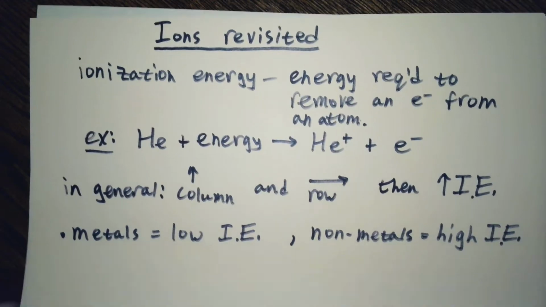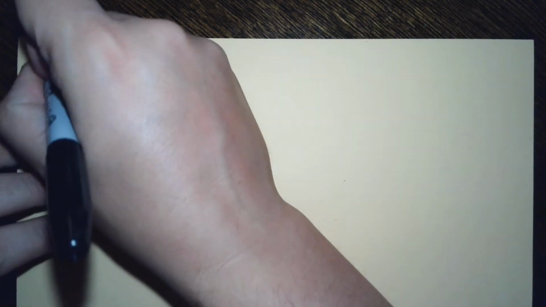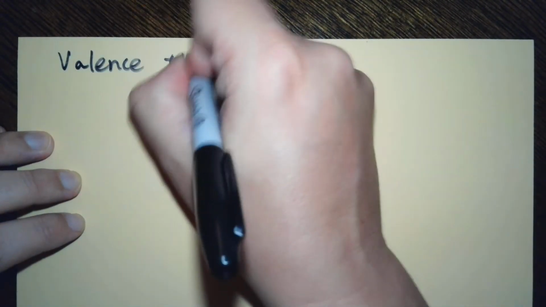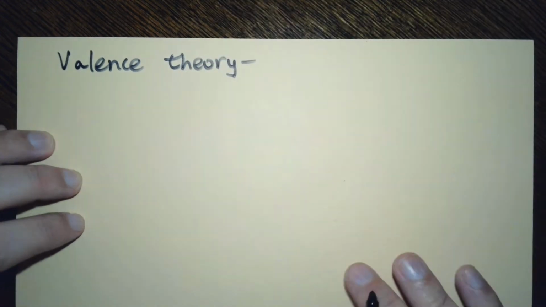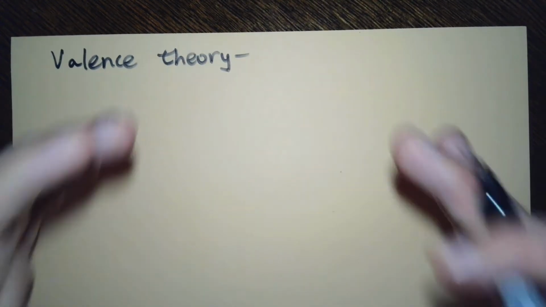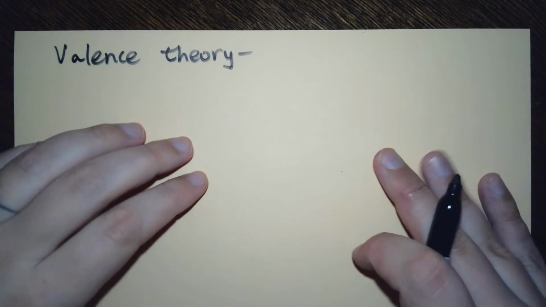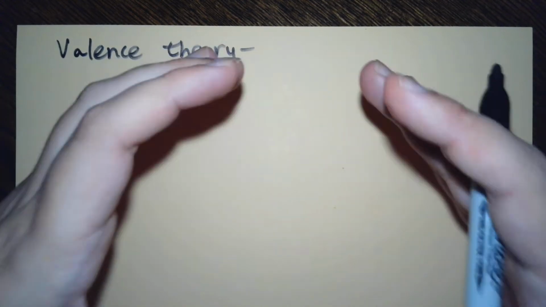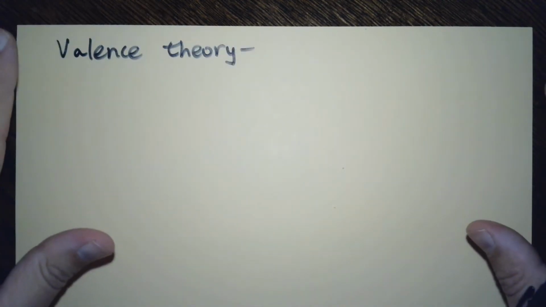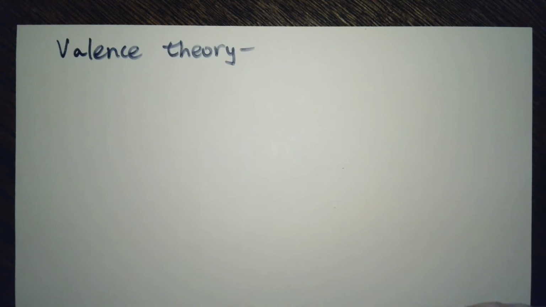The other thing we can do is talk about stable ion charges. And to do that, we've talked about valence shells, but now we're going to really jump into full-blown valence theory. So I've introduced the valence shell. It's the outermost shell in the electron cloud. Valence theory says that shell is the most stable when it is either completely empty or completely full.